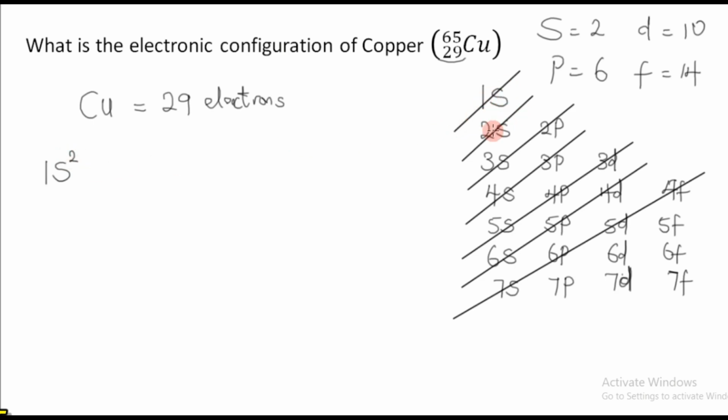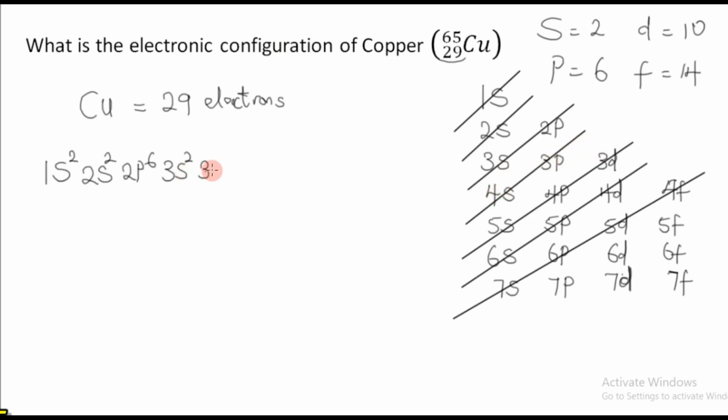Then after filling this, we'll move to the 2s orbital, so that will be 2s2. After filling the 2s orbital, we'll move to the 2p orbital, and the p orbital will take a maximum of 6 electrons, so that will be 2p6. After the p orbital, we'll move to the 3s orbital, so that will be 3s2. After filling this, we'll move to the 3p orbital, then to the 4s orbital.